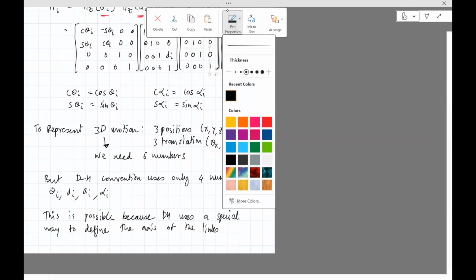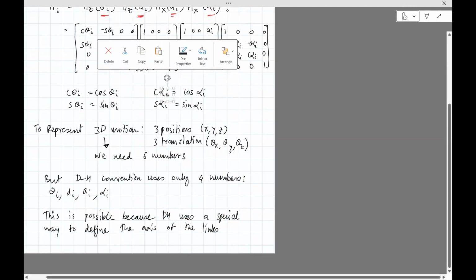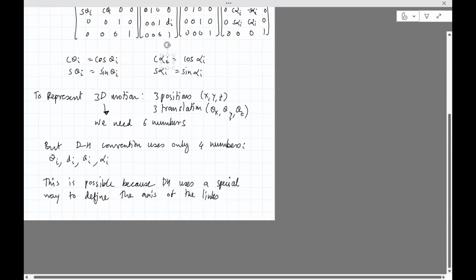So it gets away with just four numbers. And that is why the method is popular, because you don't really need six numbers. You can do it with only four. So that's why I believe it's popular. But there are issues with the method which we will not really tackle.